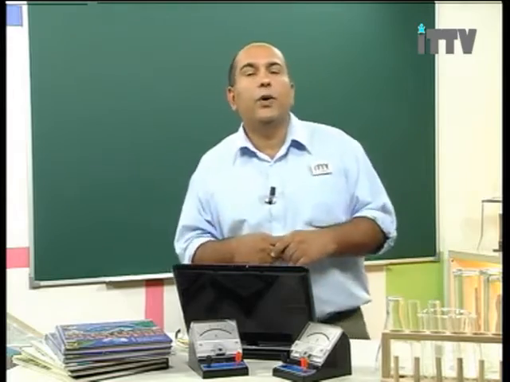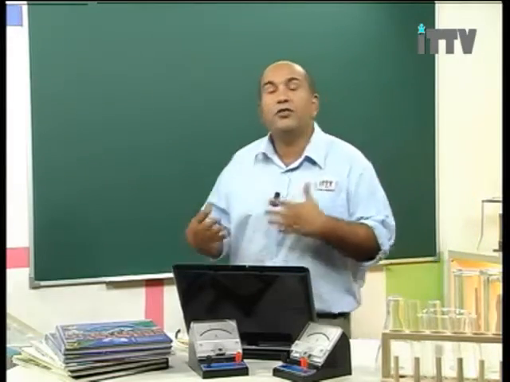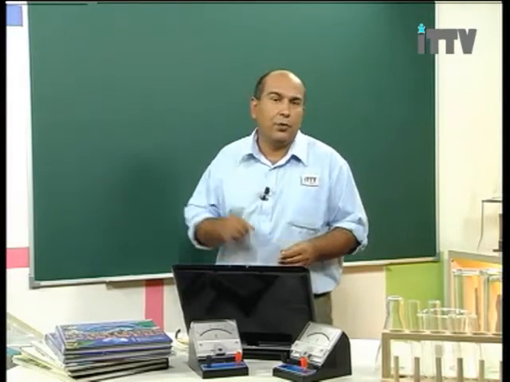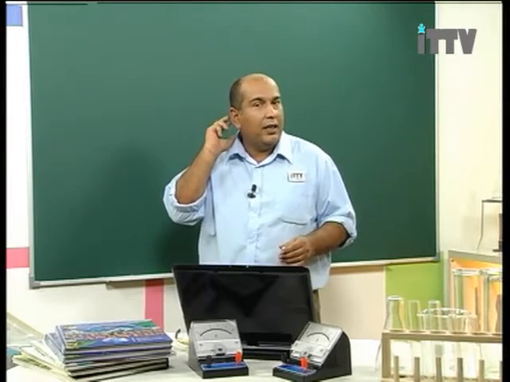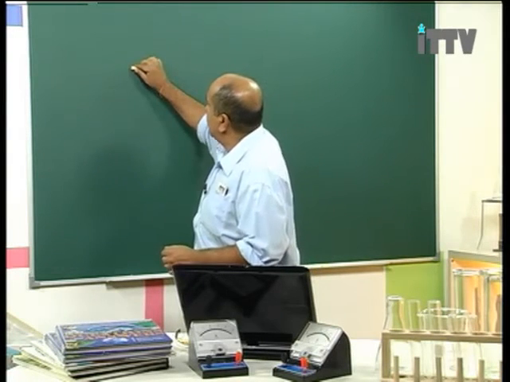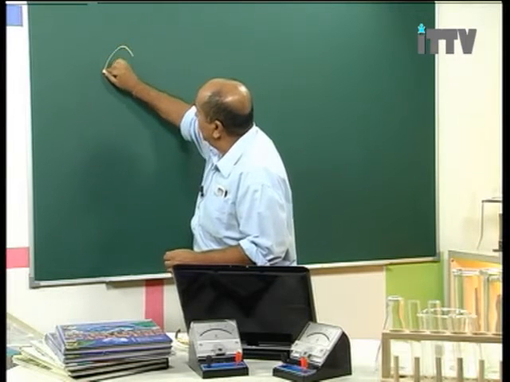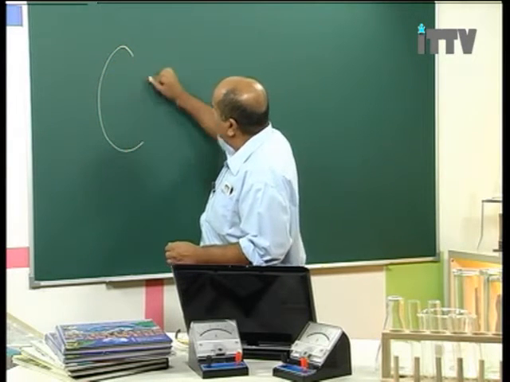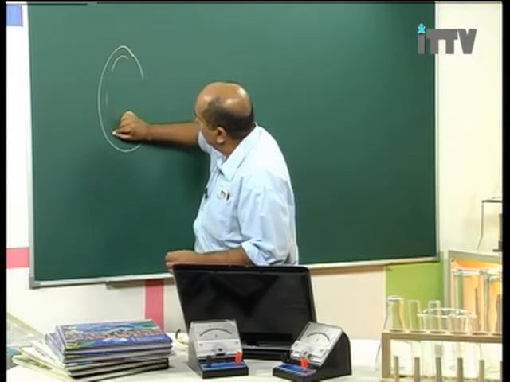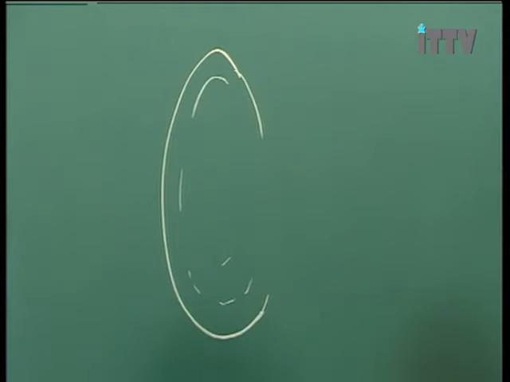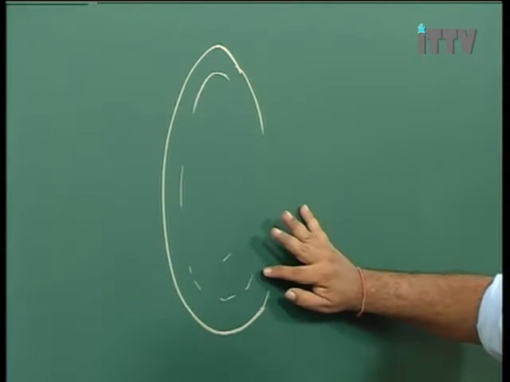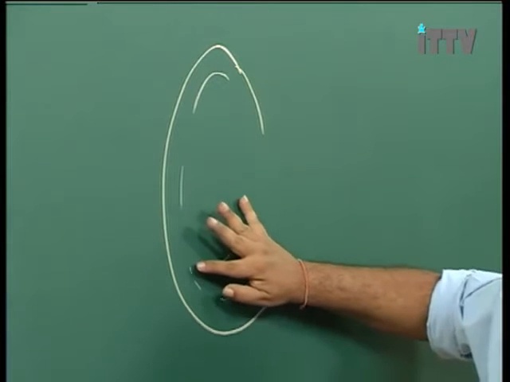So let's begin with a diagram that will slowly construct the ear for us. We all start with this outer part of our ear. This is called the pinna. So we'll start over here with our pinna. Now, this pinna, you'll notice, is very specially designed.